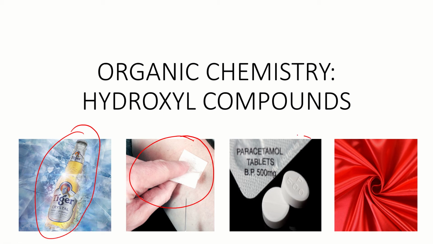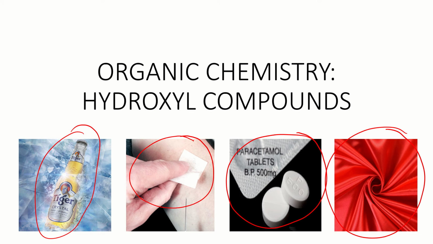Alcohols are also very important in the manufacture of drugs, because many drugs contain hydroxy functional groups. And last but not least, in the textile industry, a lot of the polyesters that we use actually begin with hydroxy compounds in their manufacturing process.